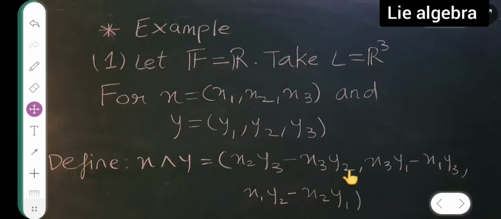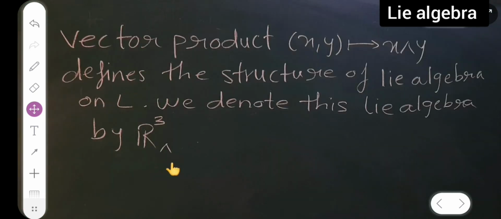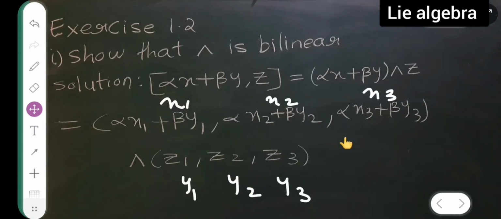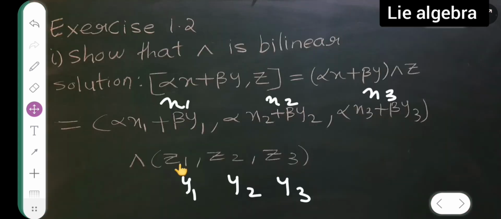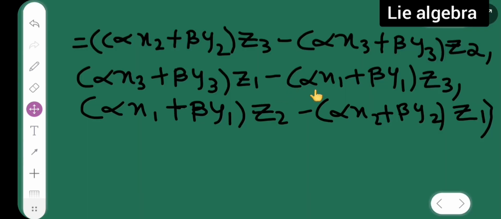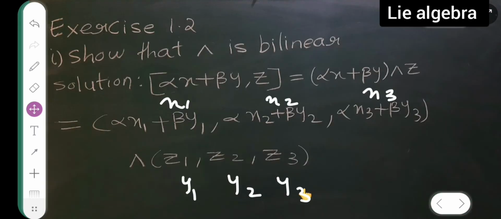Next what I have is, comma, x3 y1. So x3, this into this, x3 into y1. And then minus, from the formula like this, I am applying. So minus what? Which part you will have to take from here?